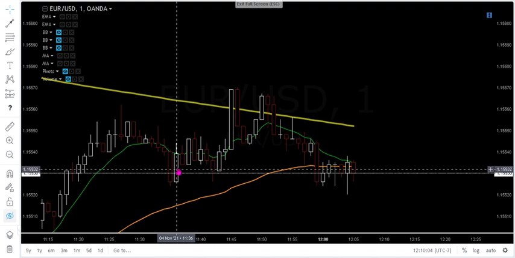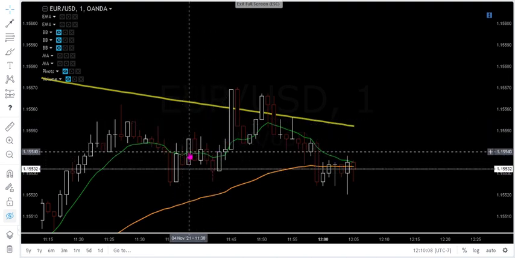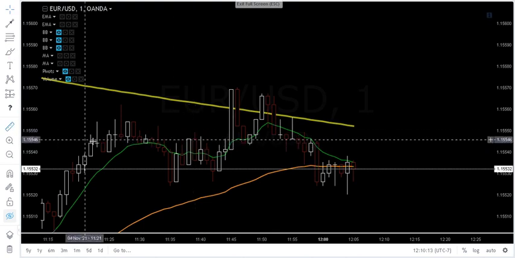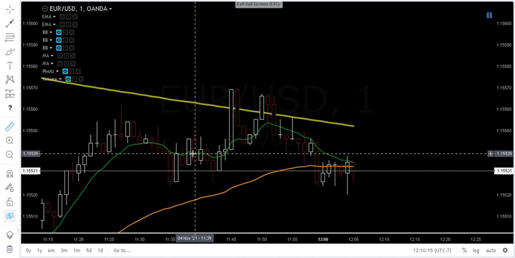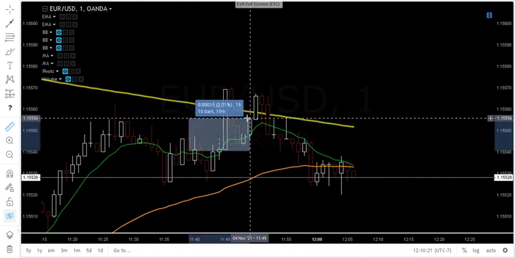But look at this right here. It really was trying to push up. If I saw this right here and I was in this trade, to be honest with you, based on these two right here, I would have purchased. I would have bought right here, even though price was going down, and I would have caught it.